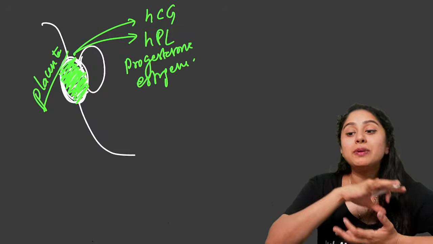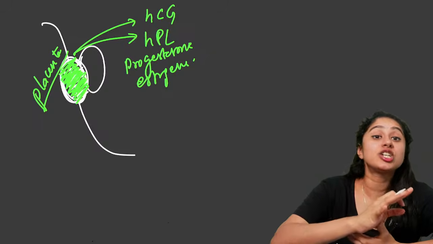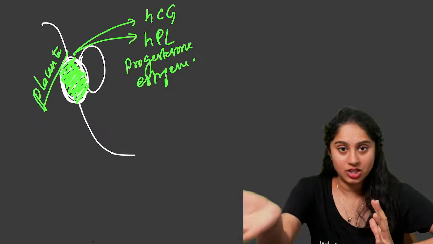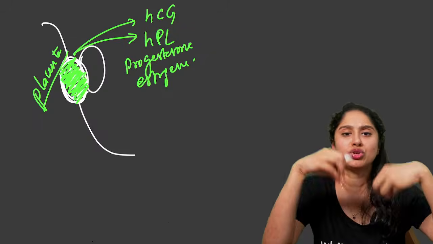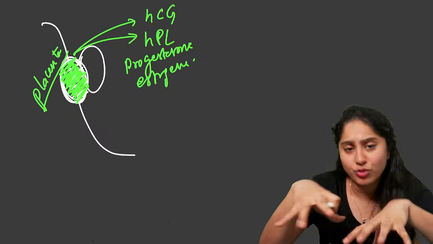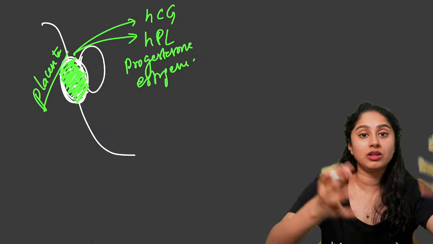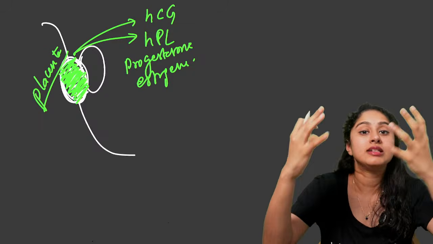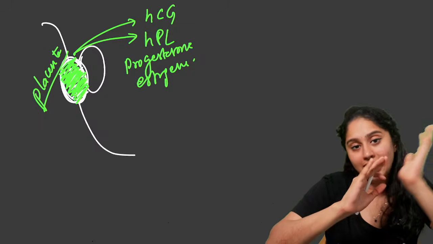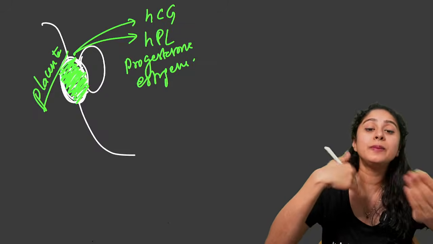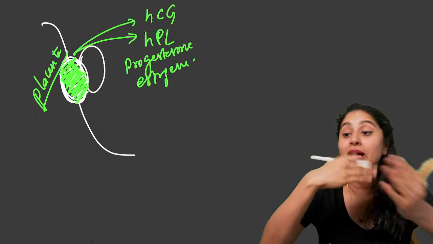Now this particular placenta is the connection between the mother and the child, so it will give all the nutrients, antibodies and anything needed for the baby, and the baby will also give out all the carbon dioxide, the waste materials and everything back into the placenta itself. So that is basically the exchange platform for the baby and the mother.